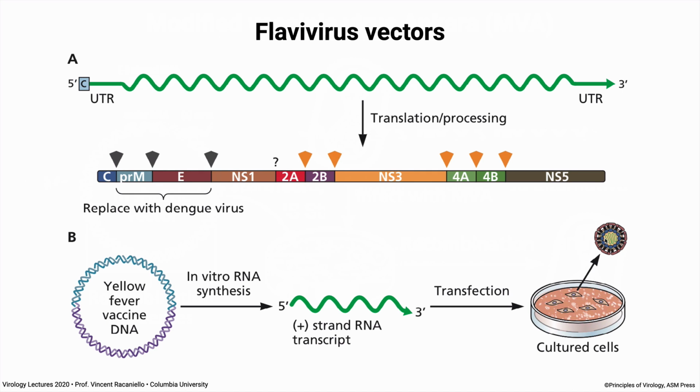Now, an interesting alternative to this is the use of flavivirus vectors based on flaviviruses that infect insects. These are insect-specific flaviviruses, and one that's been used is called Binjari. These do not replicate in vertebrate cells. But if you put foreign genes in them and introduce them into vertebrate cells, you can get an immune response.